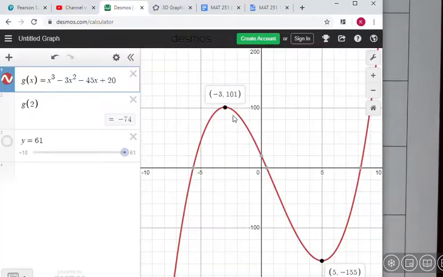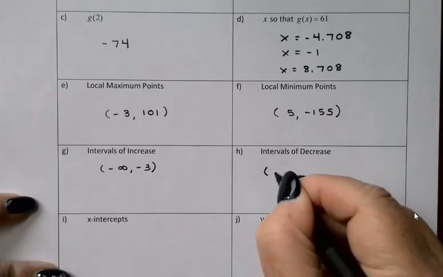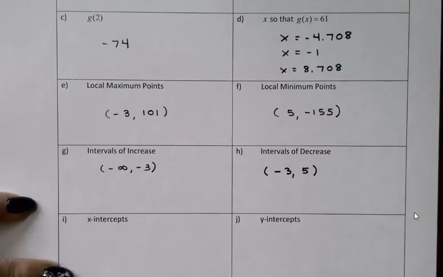All right, the graph's now going down for a while. It goes down from x equals -3 until we get to x equals 5. So that would be an interval of decrease, from x equals -3 to x equals 5.